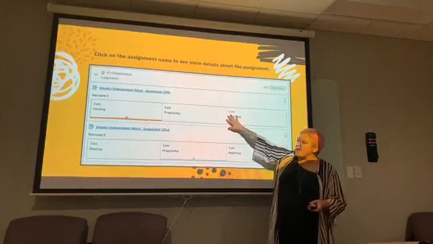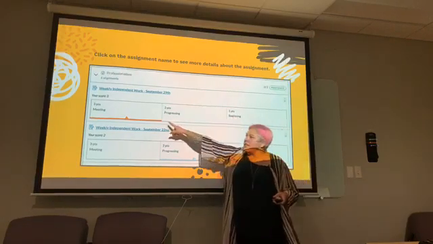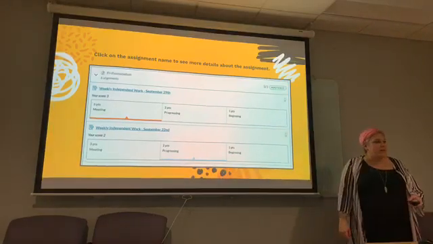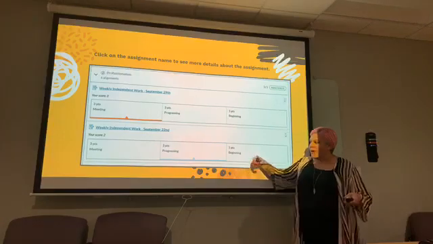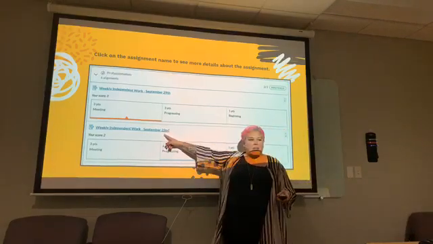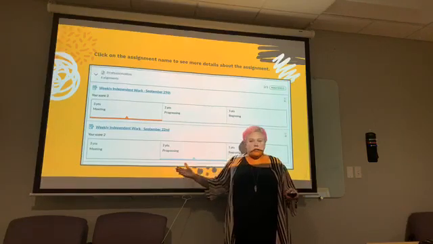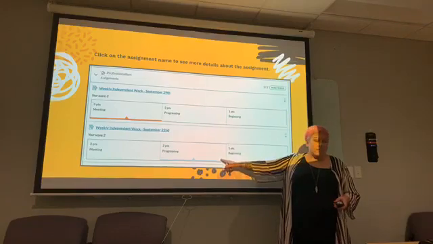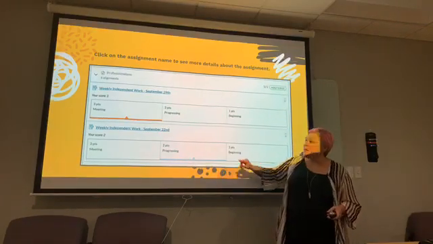The week after, hopefully he learned his lesson and got it in right, and then he moved up to a 3 on his professionalism. So you can even go further in. If I wanted to see what this assignment is, I could click on that assignment and see what the teacher's expecting. I could have a conversation with my son as to what's going on here. He really enjoys that over the dinner table.